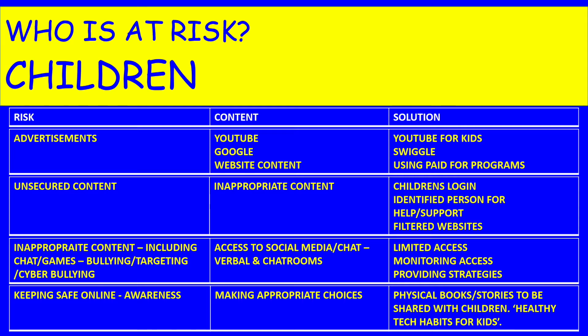So in school, we make sure that our children have logins and they're accessing what they should be accessing. We make sure that the children are aware who they can go to and ask for support to make sure that they're safe, or if they've found some content that they shouldn't have.